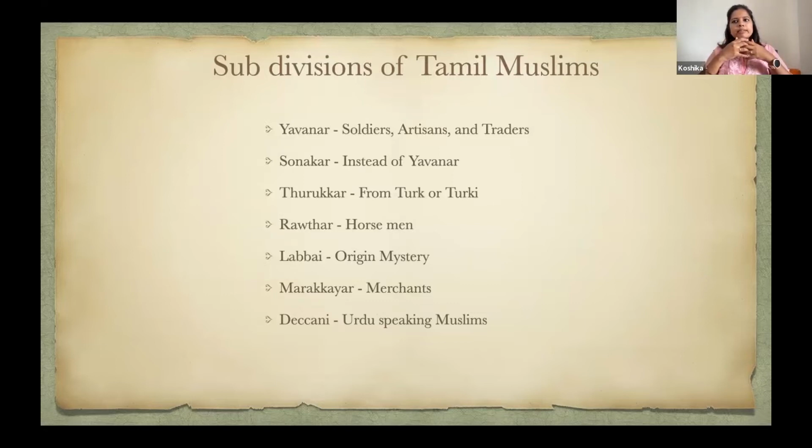There are other descriptions in Pattuppattu itself saying that they came as traders, bringing gold and going back with the black gold of Tamil Nadu, which is pepper. And in another Sangam literature, they are called artisans because of the beautiful lamps they make. Those are the descriptions we have about Yavanars in Sangam literature.